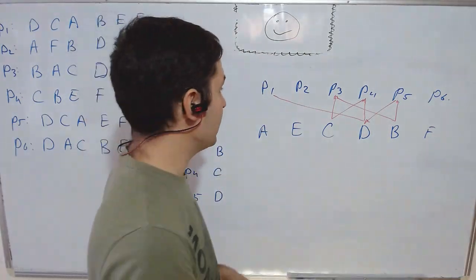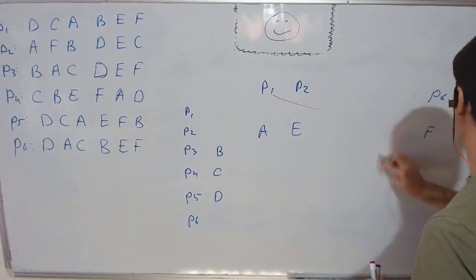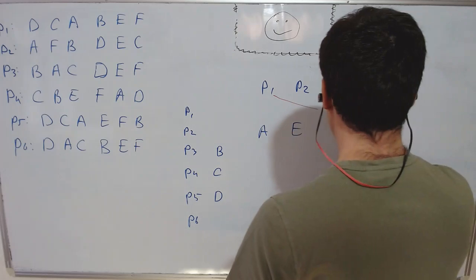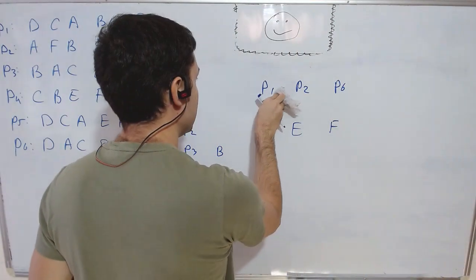You find it, you assign it. So we eliminate all of these people from this market. Let me just write P6 and house F. So we're left with 3 people and 3 houses.